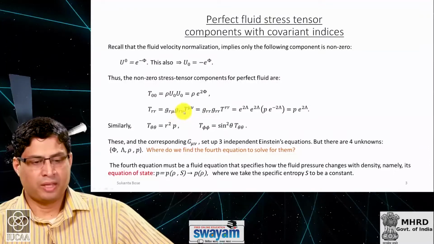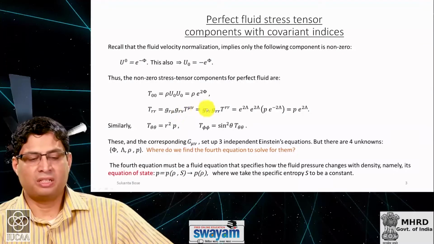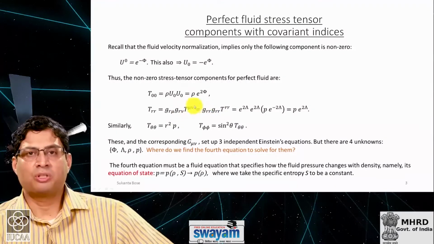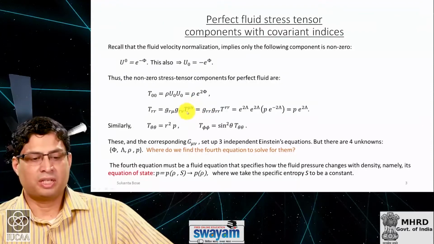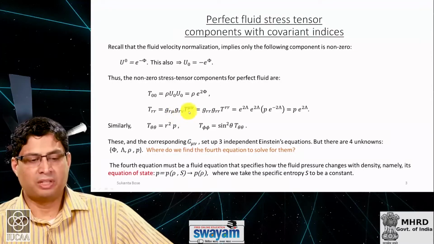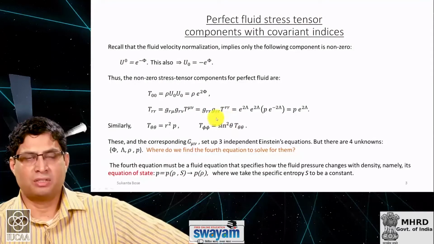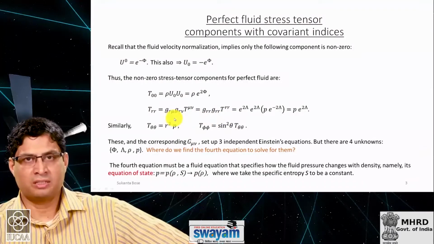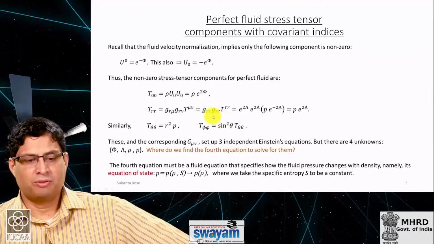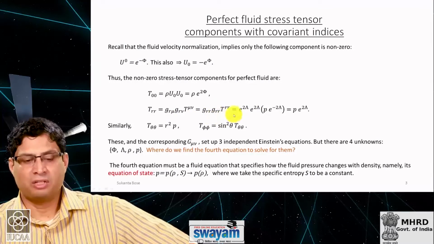Then T_rr with rr down can be obtained by two contractions of the metric with T^mu nu, where one of the indices on these metric components is the radial component. But on the previous slide you would have seen that T^mu nu is non-zero only in special cases where mu and nu represent diagonal components, and that will leave you with only this non-zero piece in the summation once you employ the Einstein summation convention. So, therefore, g_rr is just e to the 2 lambda, and T^rr on the previous slide we worked out is p e to the -2 lambda.